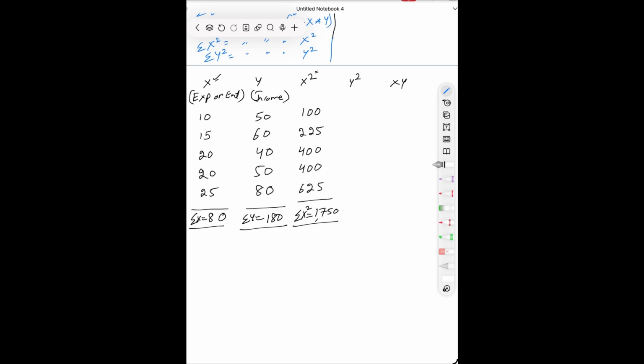Then for y square, this will be 2500, 3600, 1600, 2500 and 6400. So the total, sigma y square, is equal to 2500 plus 3600 plus 1600 plus 2500 plus 6400.